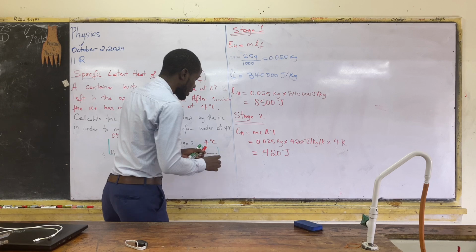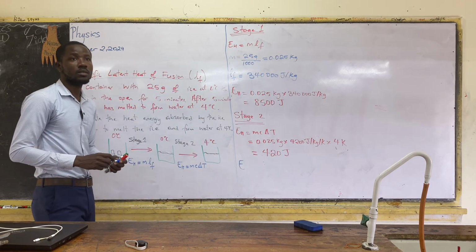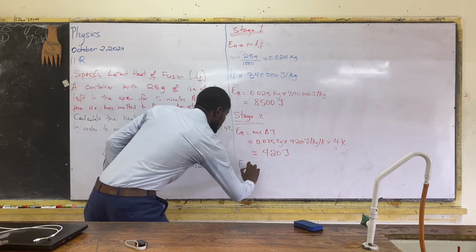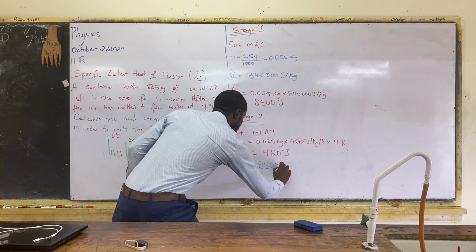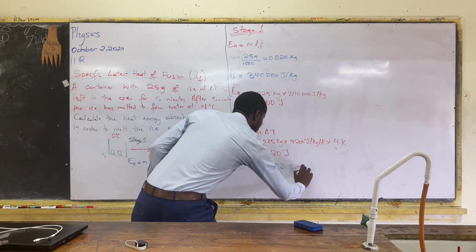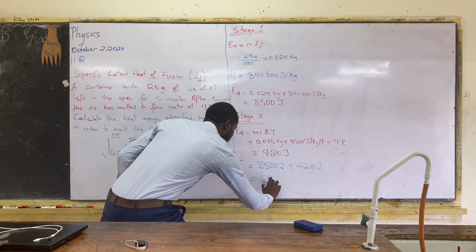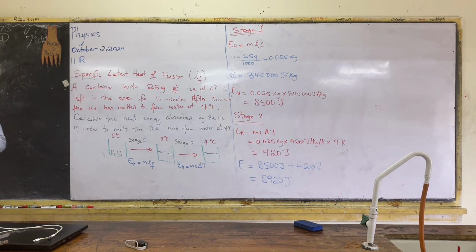So the total energy E is then going to be equal to 8,500 joules plus 420 joules, which is 8,920 joules. So that's the total amount of energy needed.